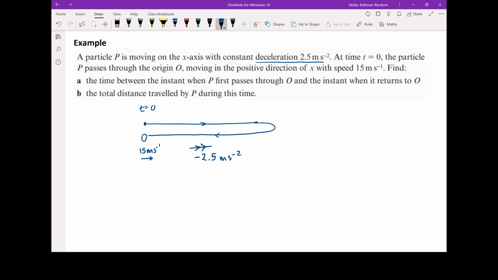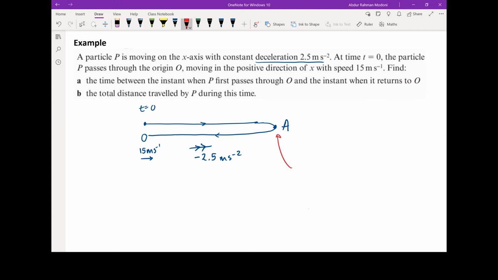At this point here, I'll indicate this point as, let's say, point A. And at that point, where the object turns or changes direction, it's very important to understand what's happening here. Anytime an object changes direction, it will be momentarily at rest, instantaneously at rest.